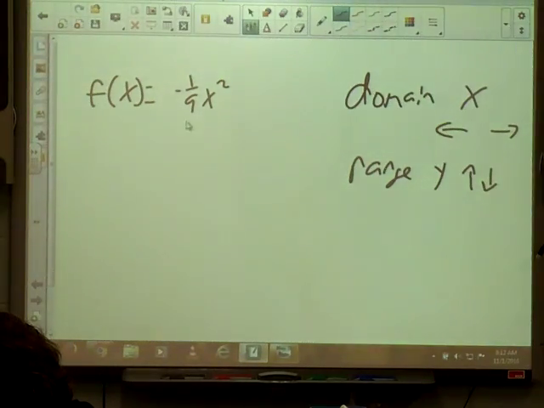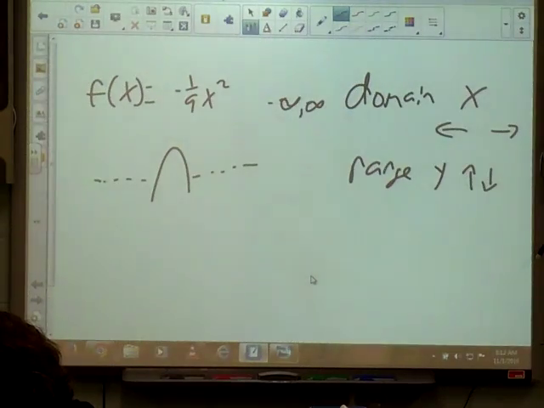Okay, so I know, and you could type that in your calculator if you needed to, I know that since that's squared, it's a parabola, and since it's negative, it goes down. So I know, and we talked about this, that a parabola up or down goes forever to the left and right. So the domain on that would be negative infinity to infinity. So that only let me eliminate choice D. All the rest of them had that.